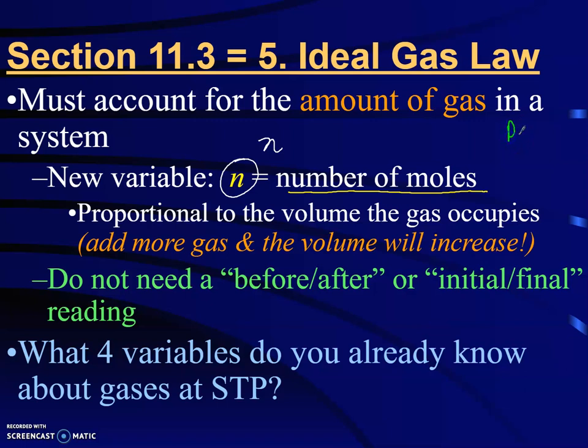In the combined gas law, we have PV over T. The more volume that you add, the more gas you have. So if it is directly proportional to the volume, we're going to put the amount in the denominator so that when the volume increases, so does the amount, and vice versa. When the amount increases, so does the volume.